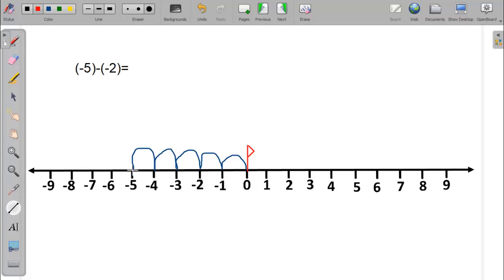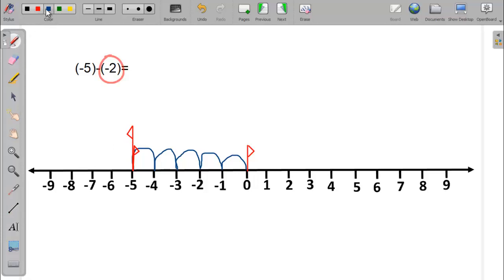Now draw the same stick figure at the new position. Then what should we do? Here we are going to subtract. So we have to turn the face of our stick figure towards the negative side. Now the second number is minus 2.